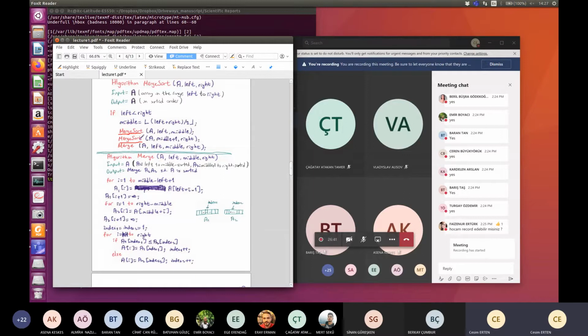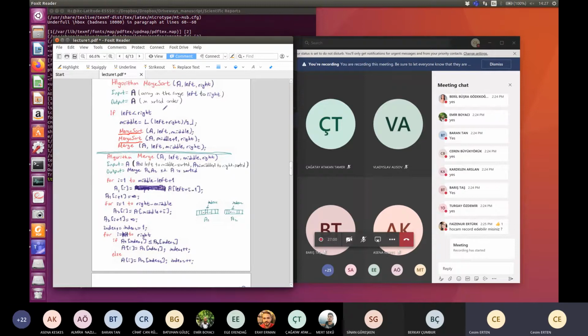Now, while analyzing the running time of recursive algorithms, one natural starting point is to write a recurrence T of n to describe the running time of such a recursive algorithm in a recursive fashion as well.